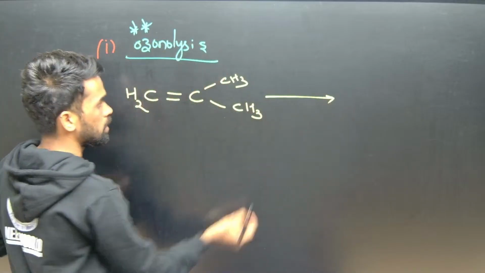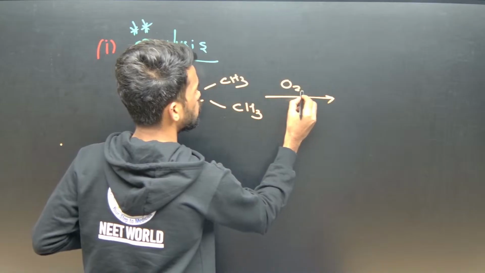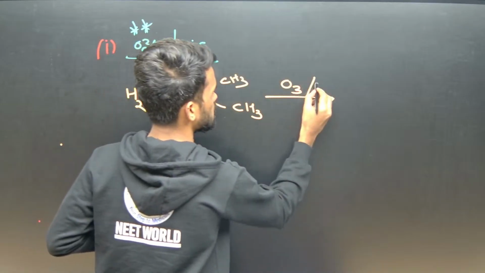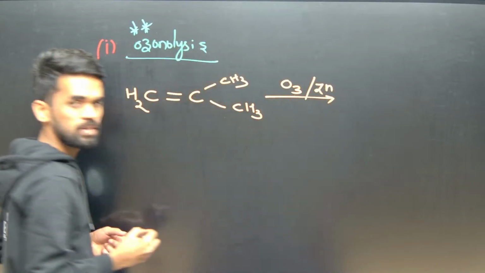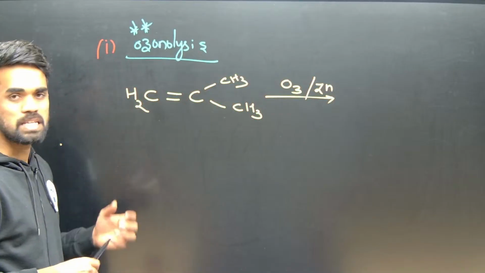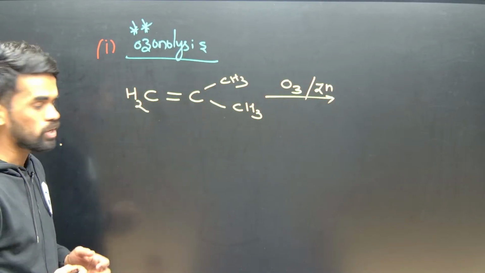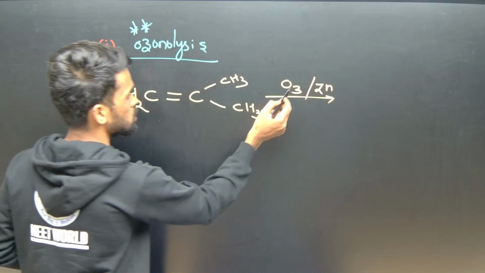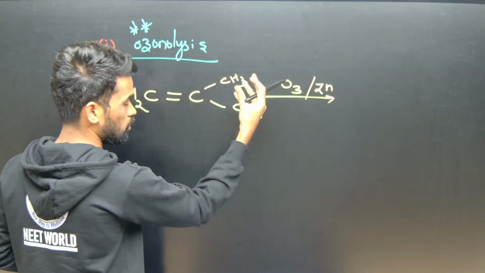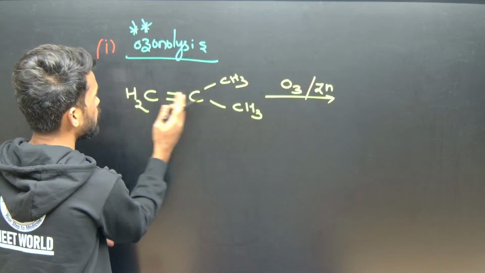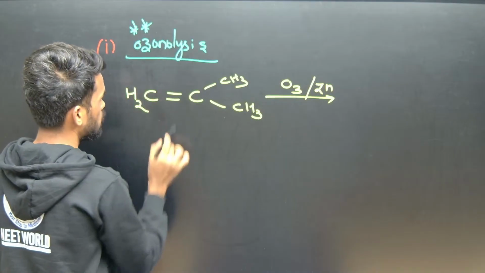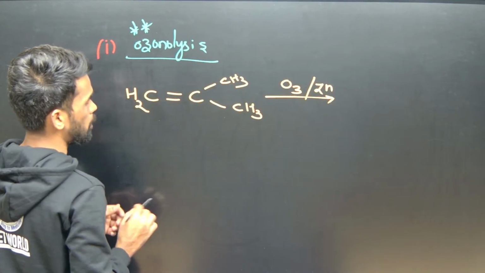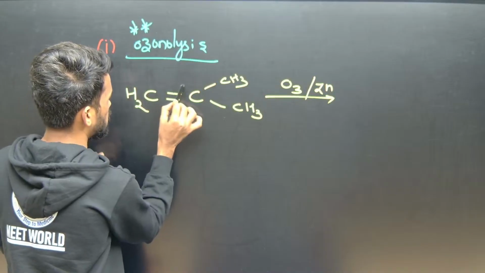Take the alkene and treat it with ozone, O3, in the presence of some reducing agent like zinc or dimethyl sulfide. Now this ozone gives oxygen atoms that will be added to these carbon atoms, that's it.